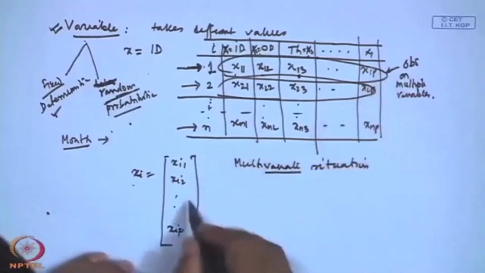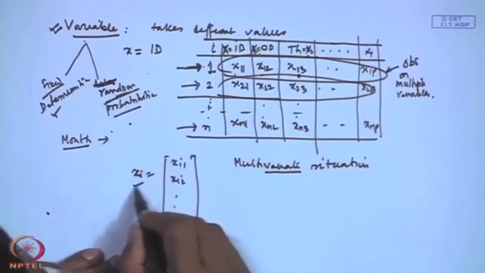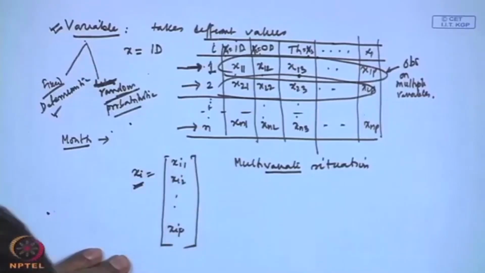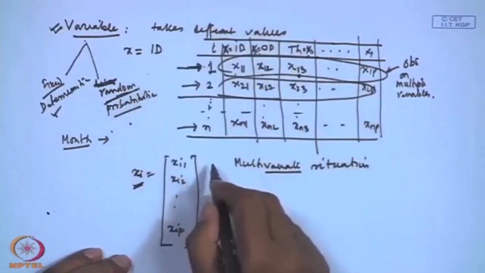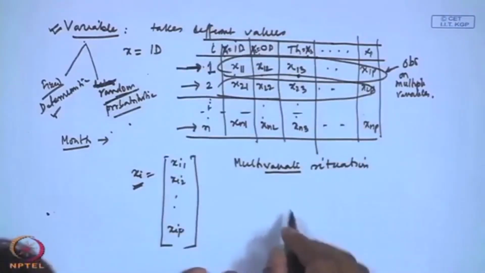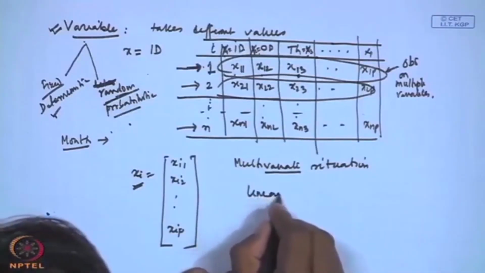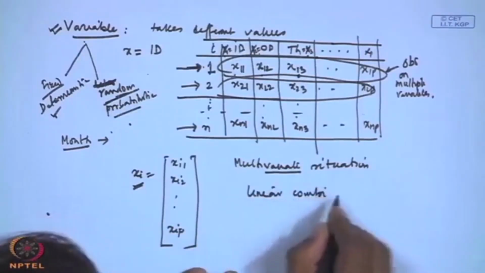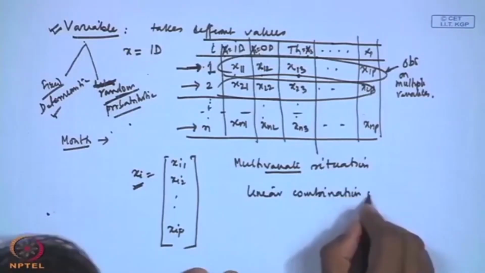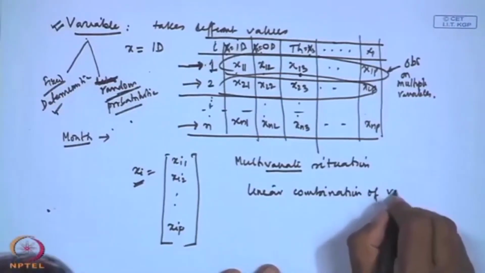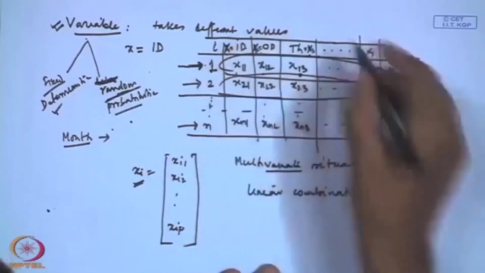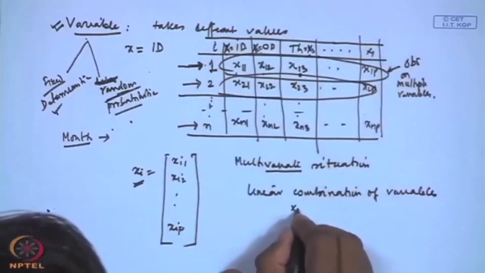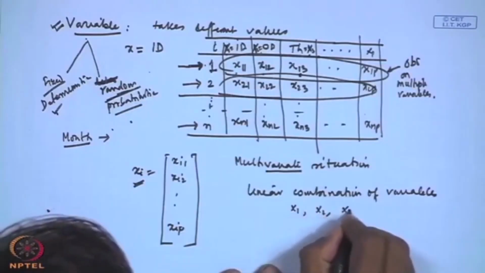So, instead of saying that xi is like this, if I create something different based on all those observations, that is a linear combination of variables. For example, in our example there are three variables x1, x2 and x3.